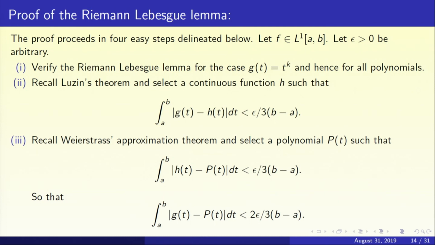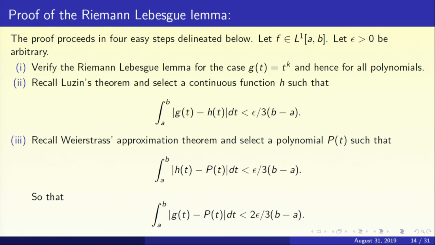So for the simple case when g of t equal to t to the power k, the job is done. So now let us take linear combinations and let us observe that the job is equally done when g of t is a polynomial p of t. Is that okay? So for polynomials, we have proved the Riemann-Lebesgue lemma.